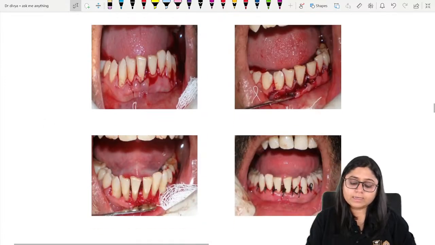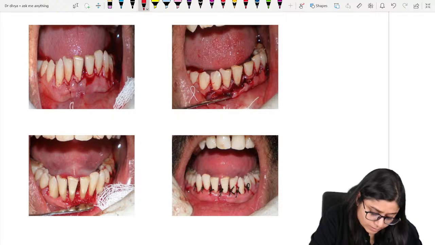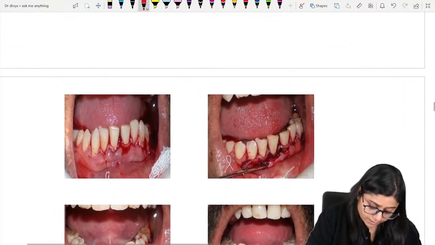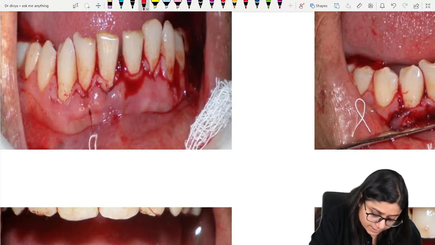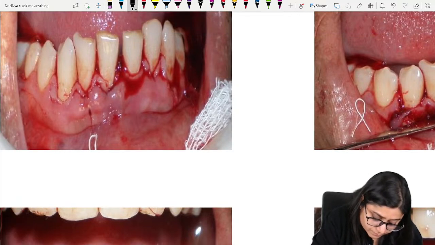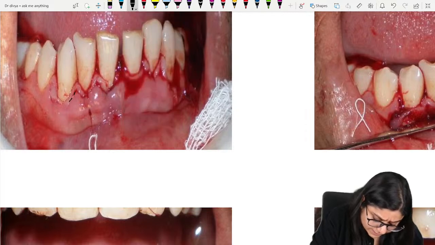Now, this is the clinical picture. See here. These two lines, I hope it is clear to you. I'll just zoom it more. This line is the internal bevel incision.